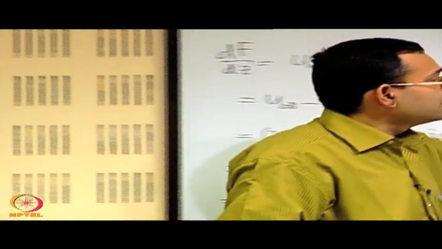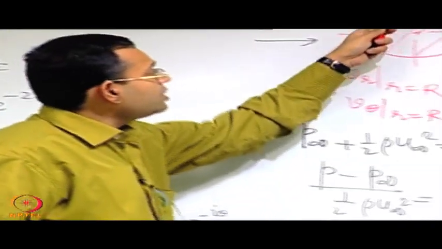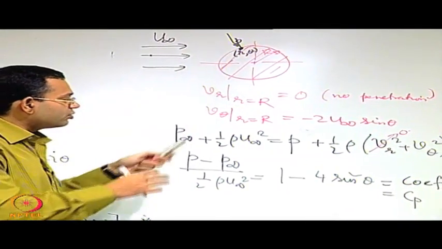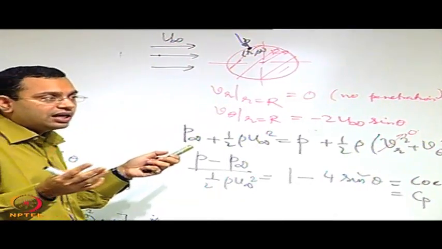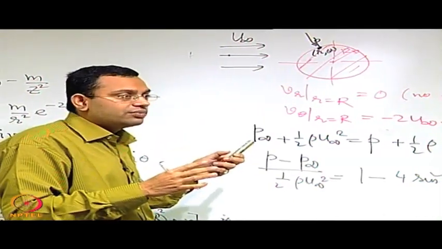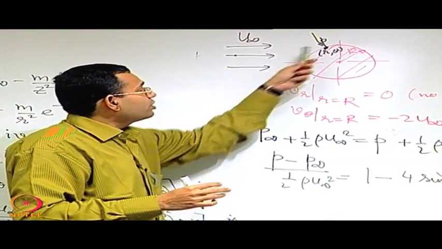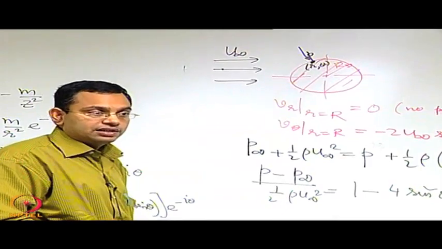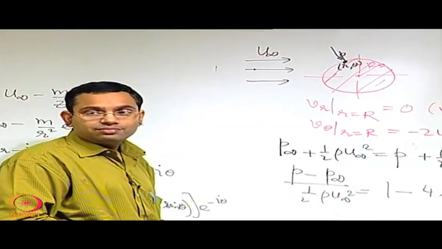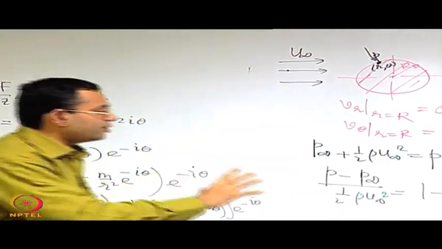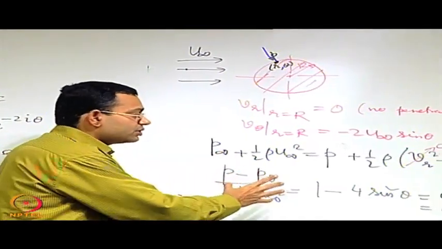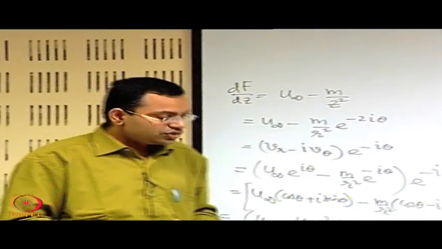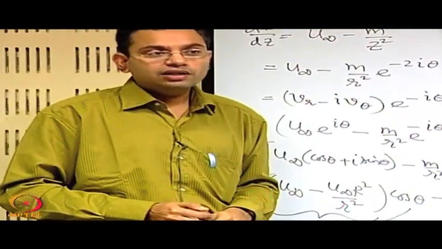But of course this is the pressure at a point on the cylinder, and this pressure, what you calculate even in the presence of a boundary layer, will not be too much different from this one till you come closer and closer to the apex point and you encounter adverse pressure gradients. So till the pressure gradient is very favorable, the actual pressure distribution and this pressure distribution will almost remain the same. We stop here in this lecture and we will continue again in the next lecture. Thank you.